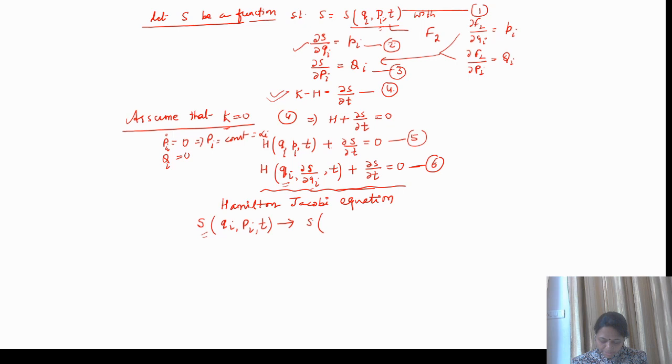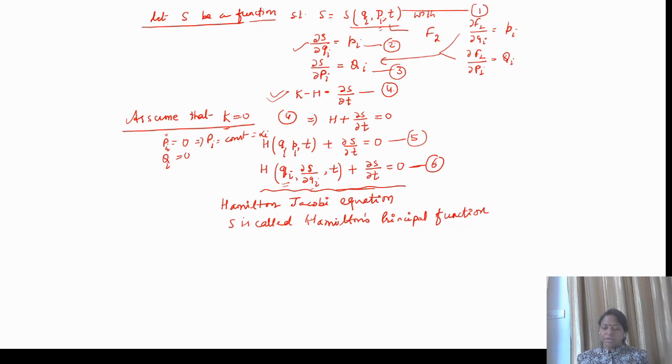So I may also say that the solution of equation 6, this function S, is known as Hamilton's principal function.